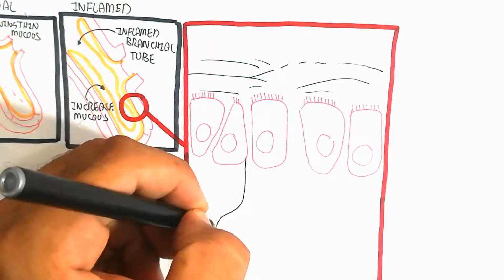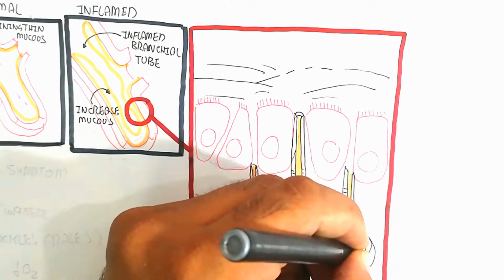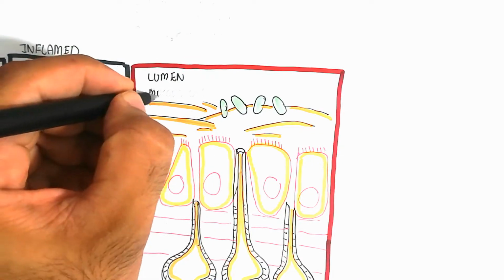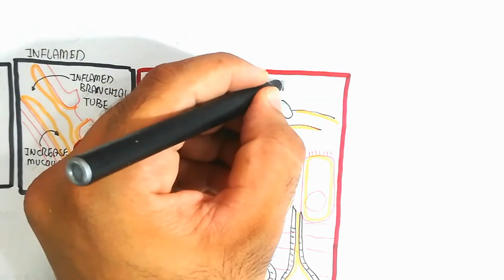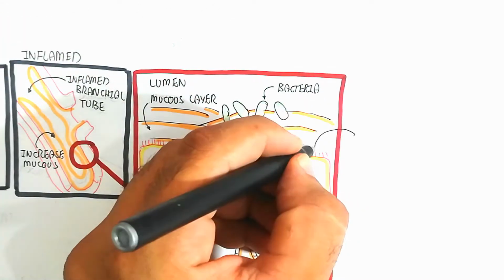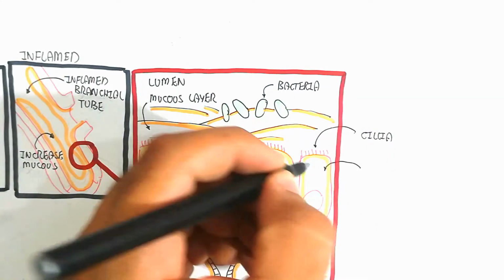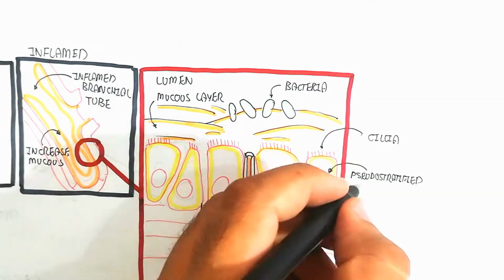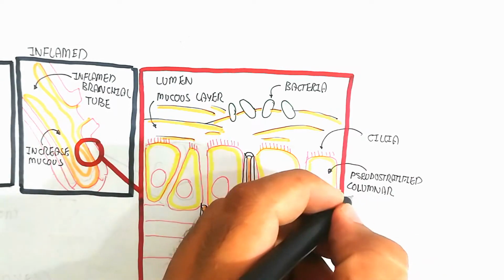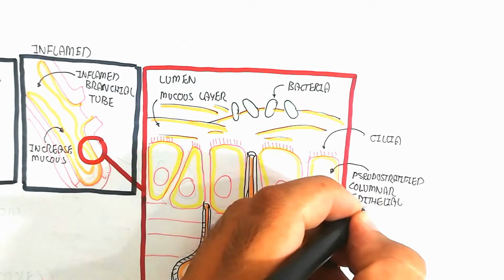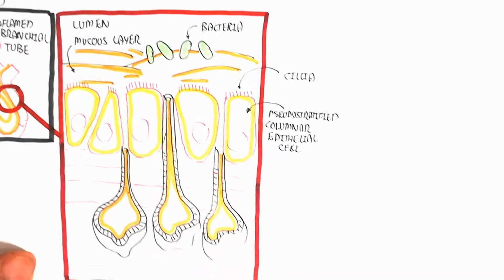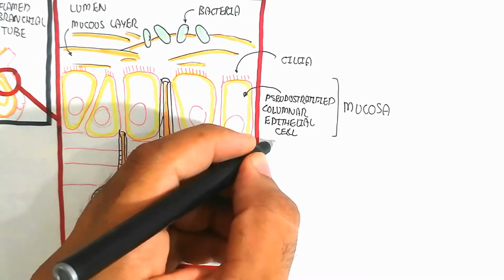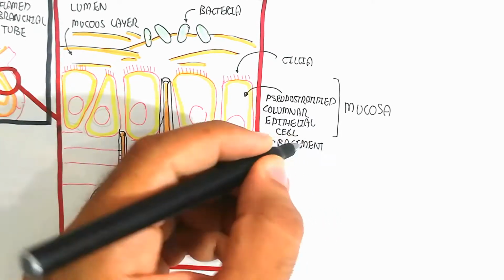So let's understand the major mechanism for the production of mucus. Here is the mucus-producing gland, which secretes exocrinally. Due to infection by bacteria, fungi or viruses, there is the pseudostratified columnar epithelium which contains cilia, known as the mucosal layer.